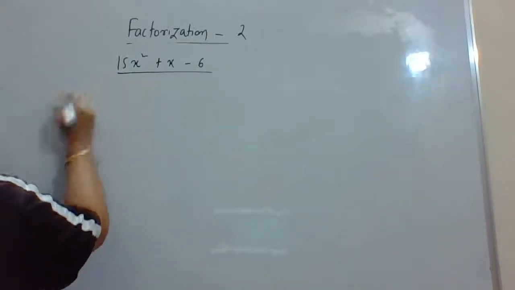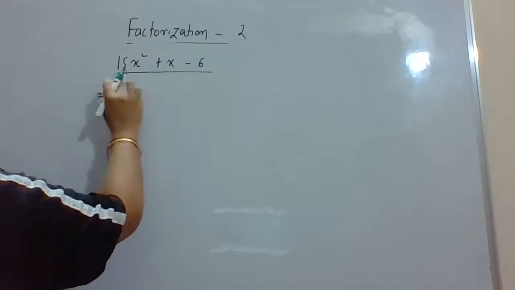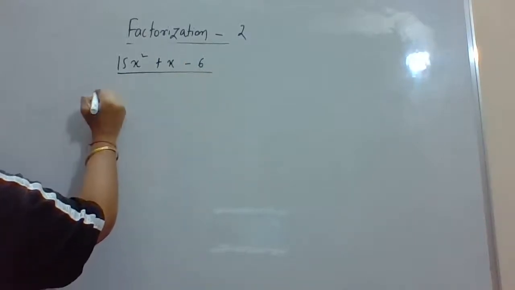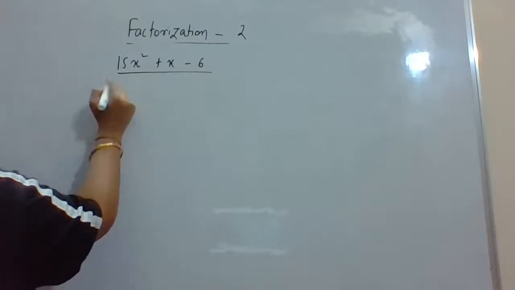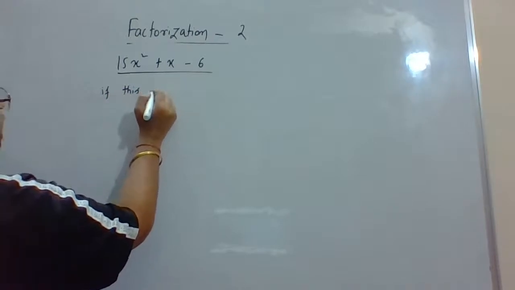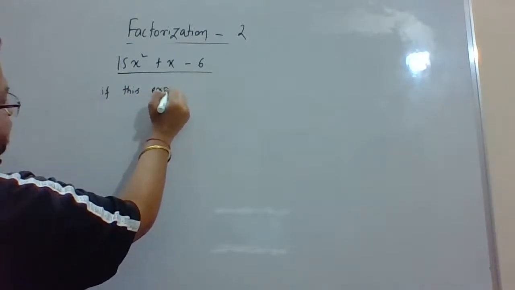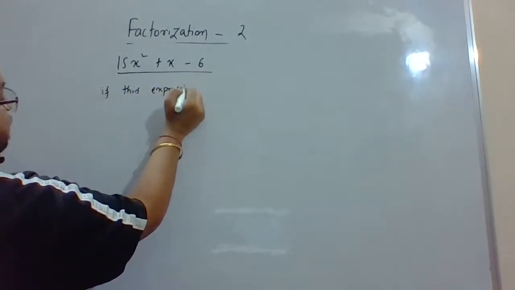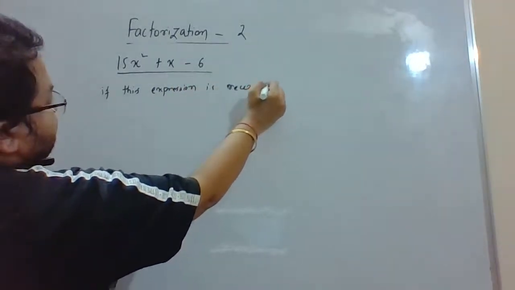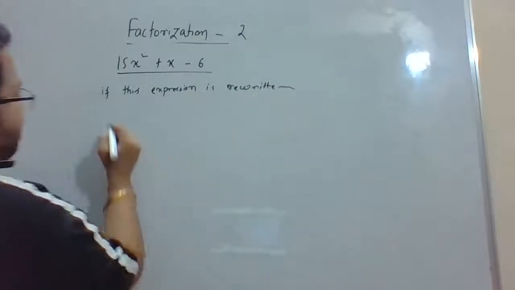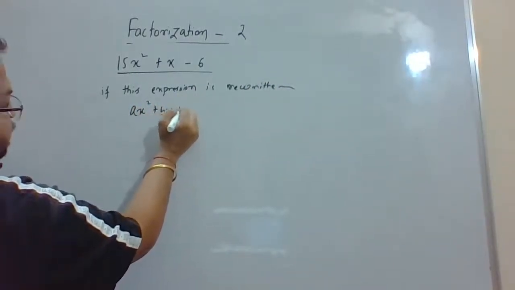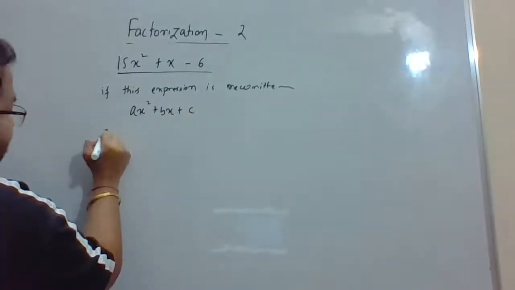So if it is given as 15x squared plus x minus 6, I can write that if this expression is rewritten in the form ax squared plus bx plus c, then what is the value of a?